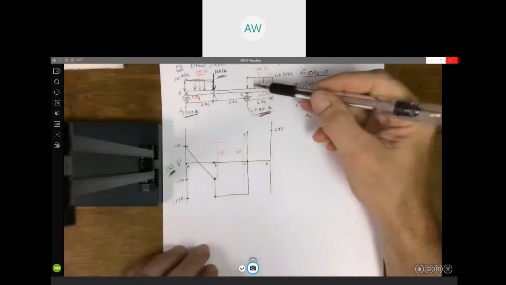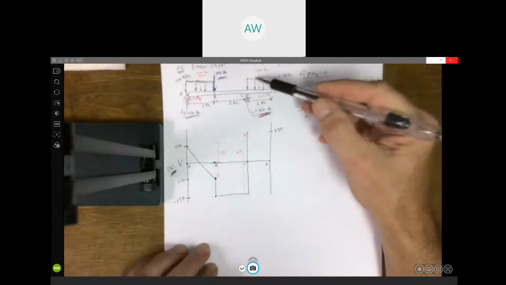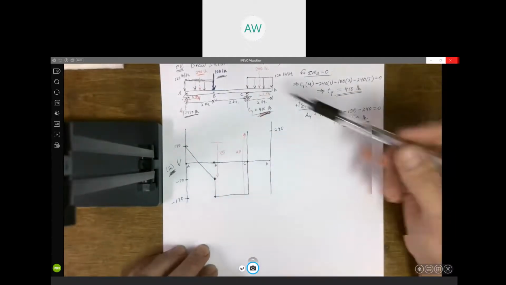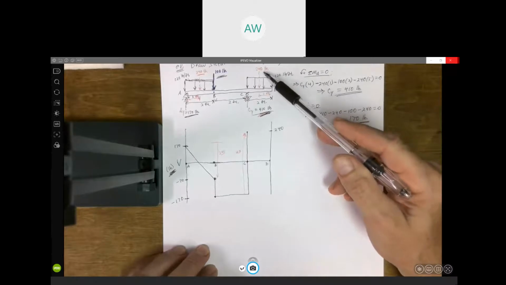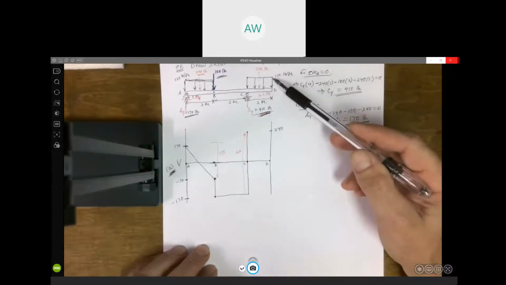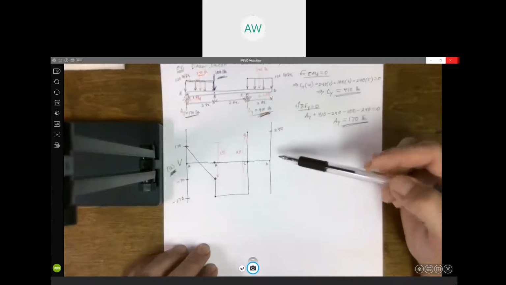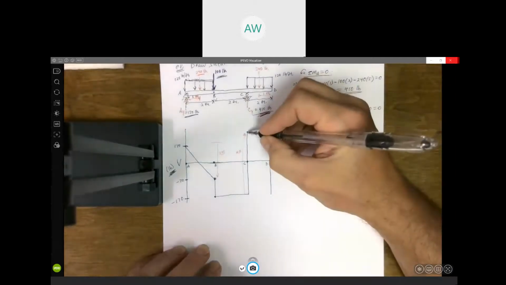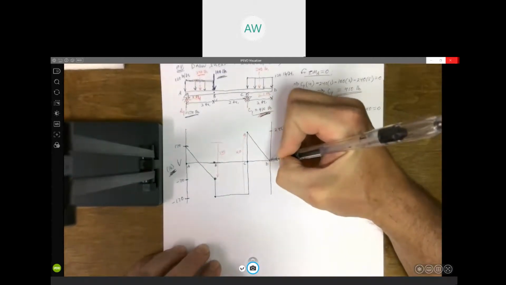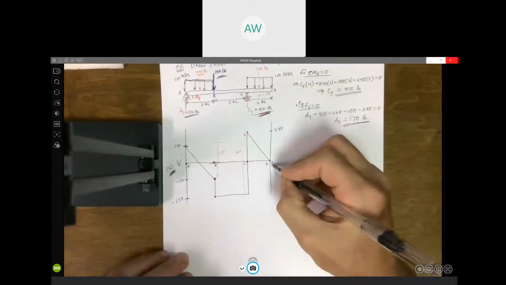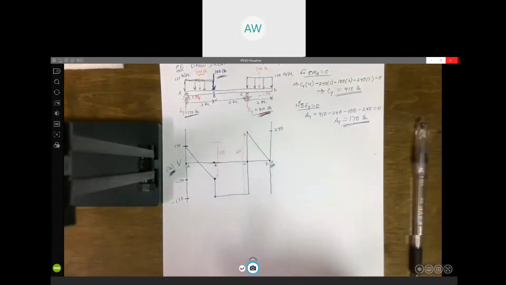Now from C to the end, we've got this distributed load again. Just like over here, we're going to go down a total of 240 pounds. This is constant. So one degree higher than constant is linear. So it's going to be linear. And that puts me back to 0, which is a good check, right?